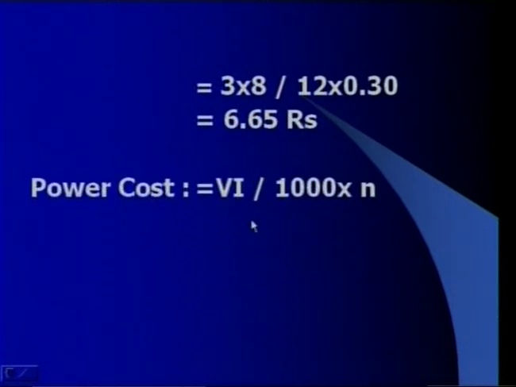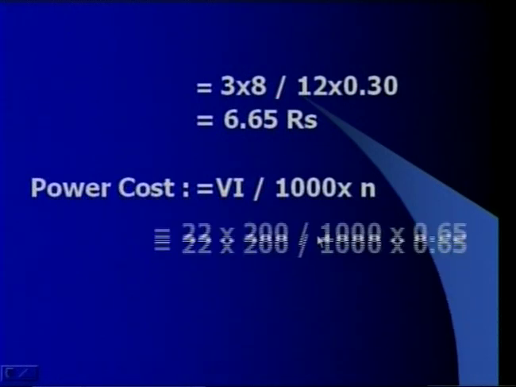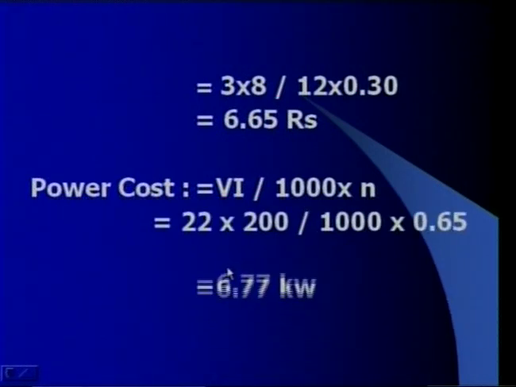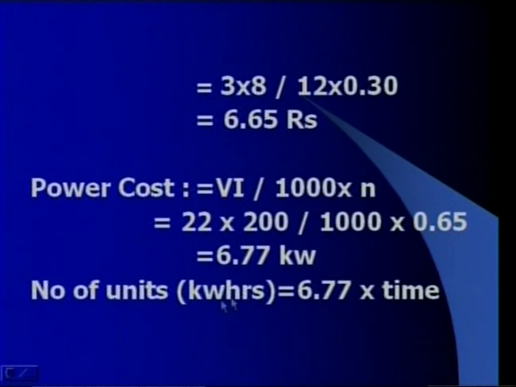Next, power cost, which can be obtained by using a simple formula, voltage times current, VI by 1000, multiplied by efficiency. We can get the same thing as 6.77 kilowatts. If we multiply that power by time, we will be getting the number of units in kilowatt hours.